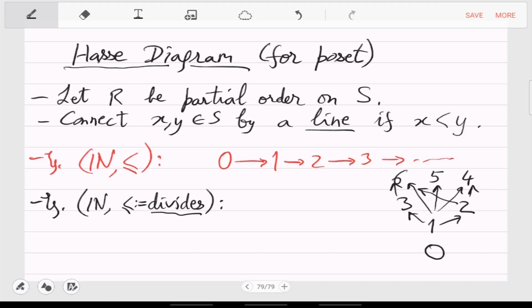So that was the point here. Skip self loops, I mean, because that is always there for less than or equal to. So that is called the Hasse diagram, and is it clear that any diagram you are given will define a partial order?